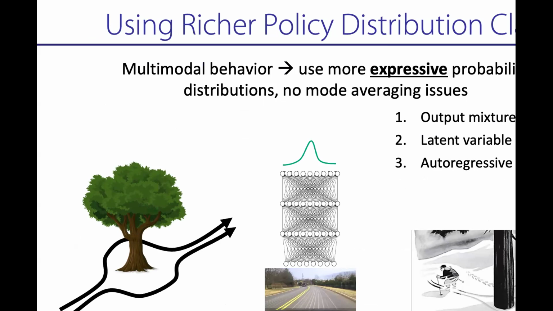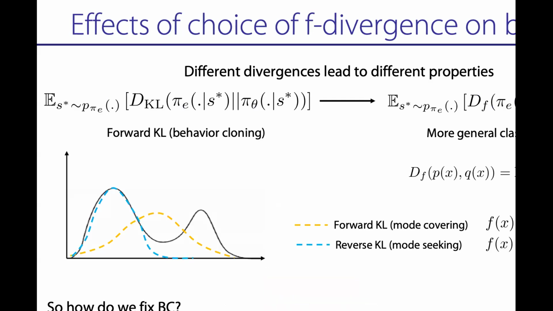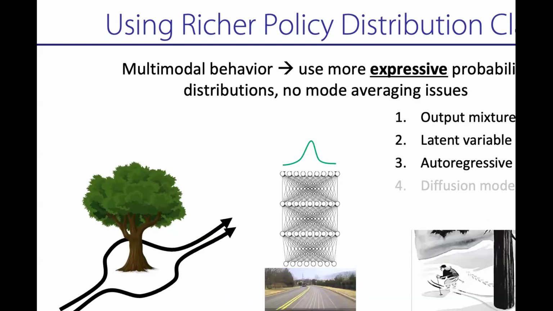The idea would be that mode seeking and mode covering are not issues if you're not in a Gaussian, if you have a multimodal distribution. But the trade-off here is that it becomes computationally much more expensive and harder to train, right? With more expressive models, you also don't have things like log likelihood in certain cases, which makes reinforcement learning and other things harder.